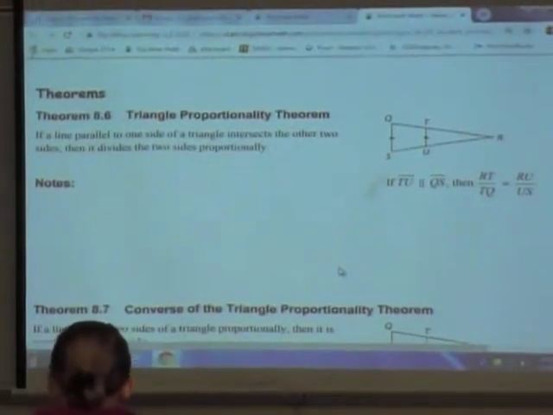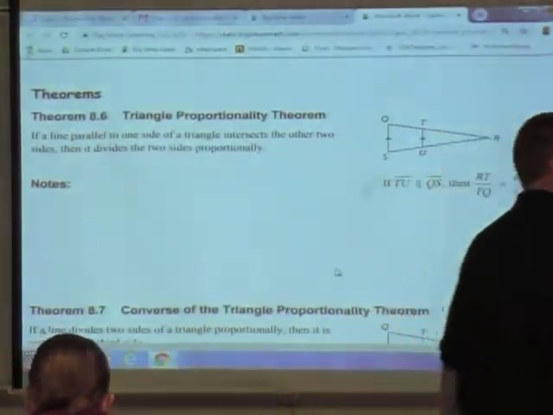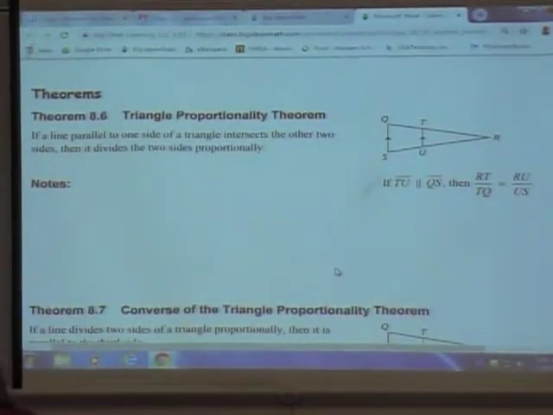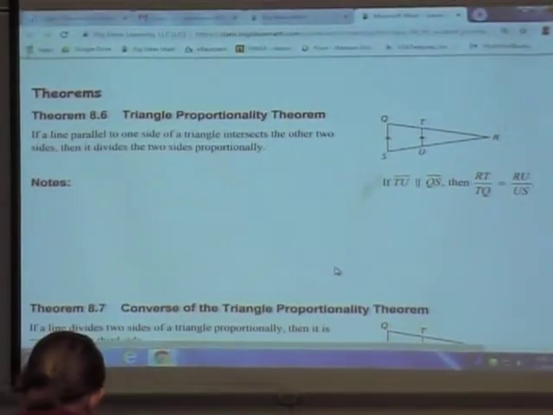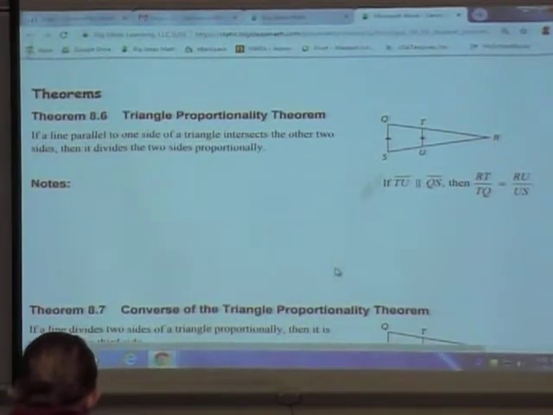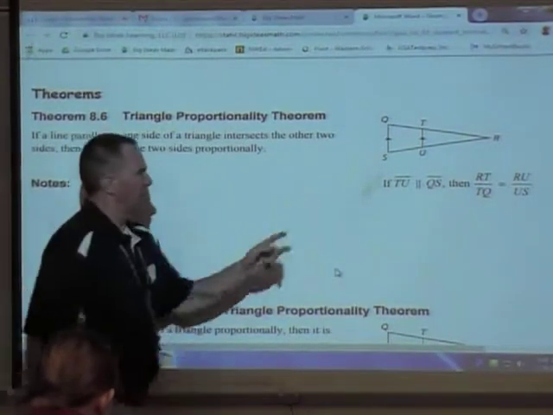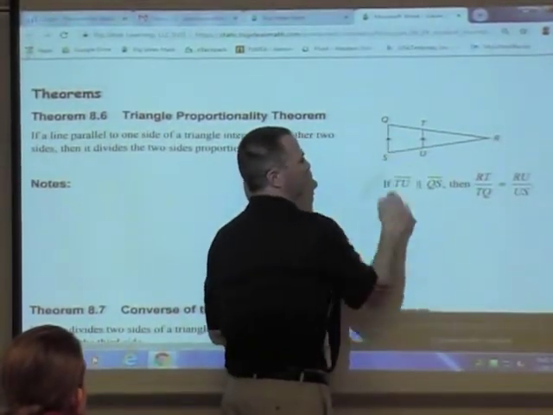Okay, triangle proportionality theorem. I'm just going to tell you briefly what all these are so we can get to those extra practice problems for examples. If you have two parallel lines, then the sides of the triangles are proportional to each other. So if these two are parallel, this is a small triangle and this is a bigger triangle.